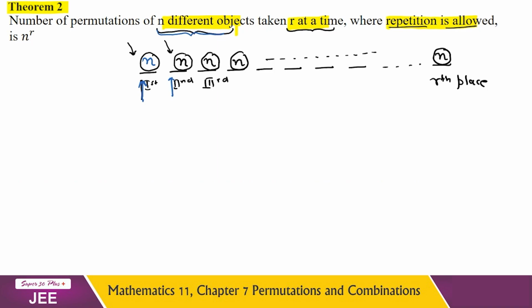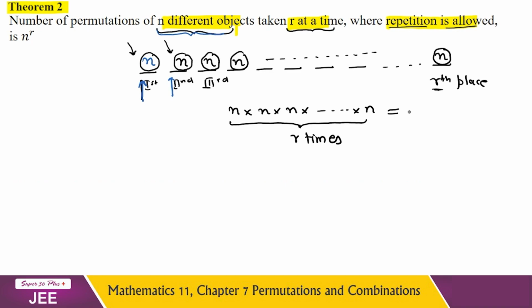So basically our net answer is going to be n multiplied by n multiplied by n multiplied by n, and so on. Now this multiplication of n is happening how many times? r times, because we had marked over here r places.